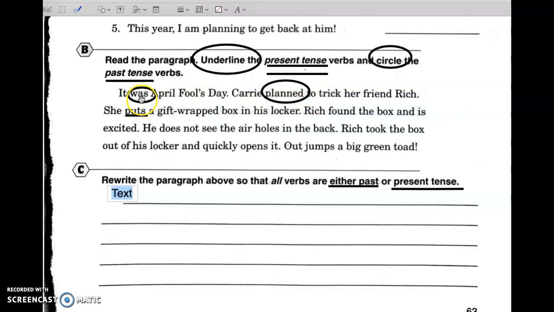Was is a past tense verb. So now I need to make was into present tense. Yesterday it was, today it is April Fool's Day. So that's my first sentence. Carrie: yesterday Carrie planned, today Carrie plans to trick her friend Rich.